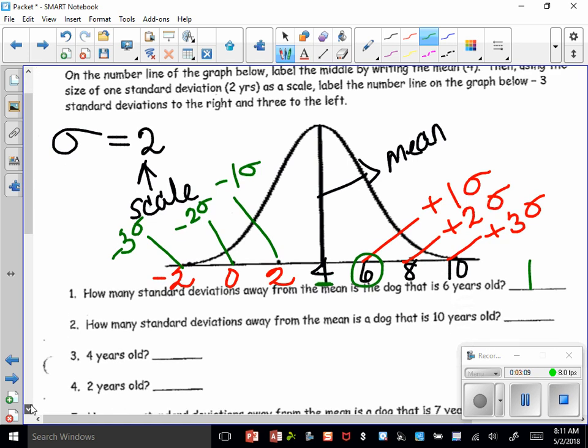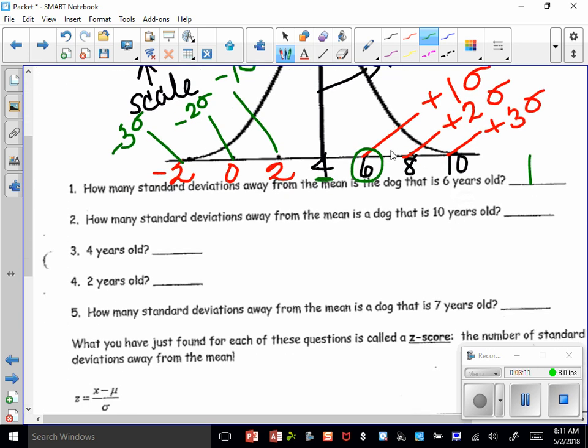What if you land between the numbers? Like, what if you land at 7? That would be 1.5, because that's between 6 and 8. But say we had 6.3. How would you know the exact position? That's what we call Z-score. We'll talk about that in a minute.